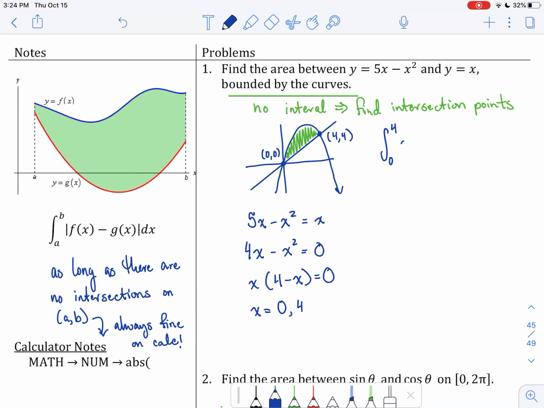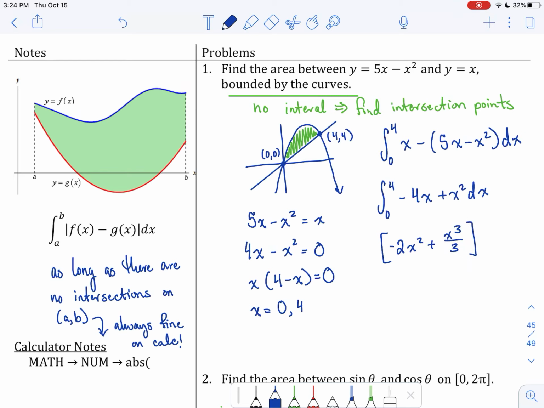So even if you accidentally switch the order, so the integral of x minus (5x minus x squared) dx, which I would first simplify from 0 to 4 as negative 4x plus x squared dx. When I integrate that, that would be negative 2x squared plus x cubed over 3, still on the bounds from 0 to 4.